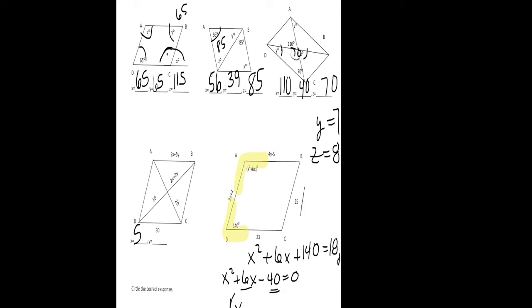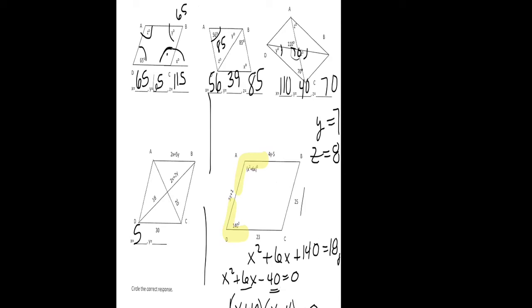Those are going to be x plus 10 and x minus 4 equals 0. So now you're going to have those two small equations, x plus 10 equals 0, and x minus 4 equals 0.